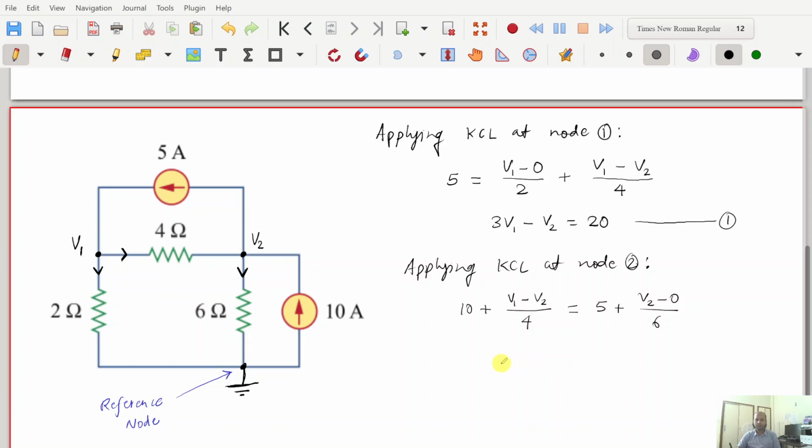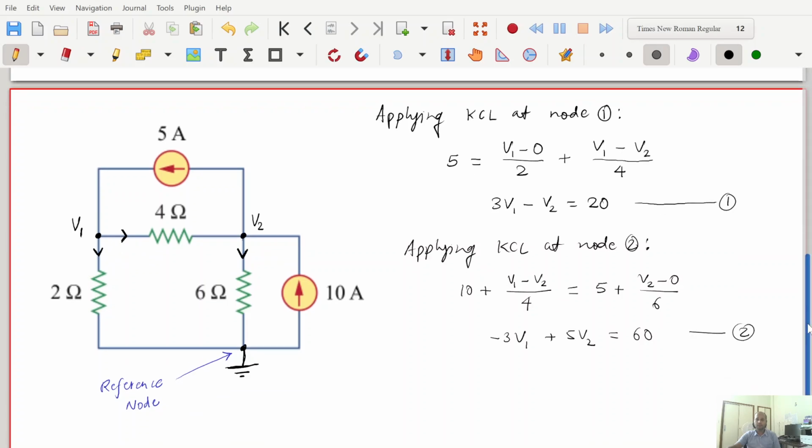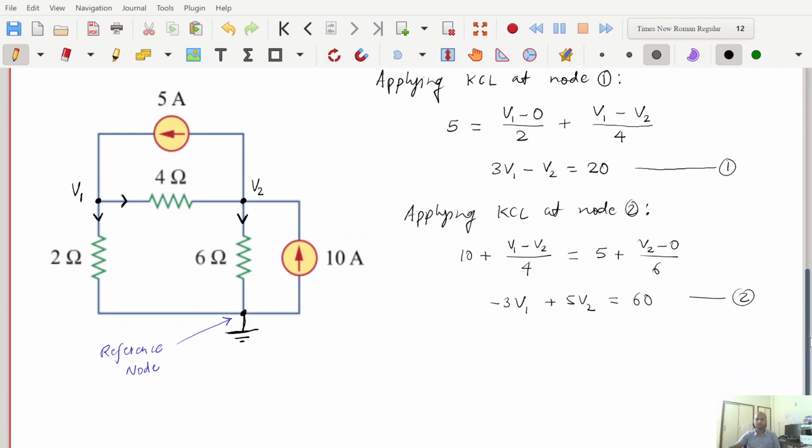Post simplification, we are going to get minus 3V1 plus 5V2 is equal to 60. So this is the second equation. And the next step is to make use of calculators to find the unknown variables V1 and V2.